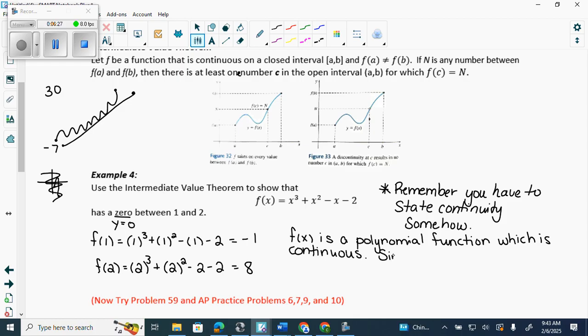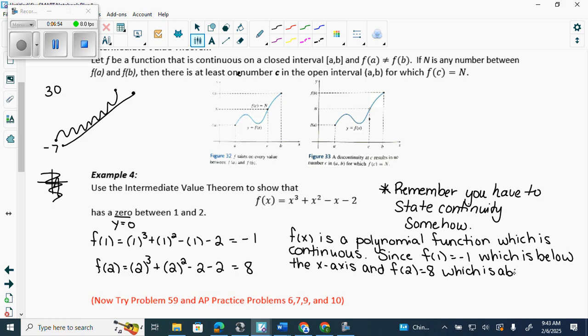Since f of 1 equals negative 1, which is below the x-axis, and f of 2 equals 8, which is above the x-axis, and the graph is continuous, there exists a 0 between 1 and 2.